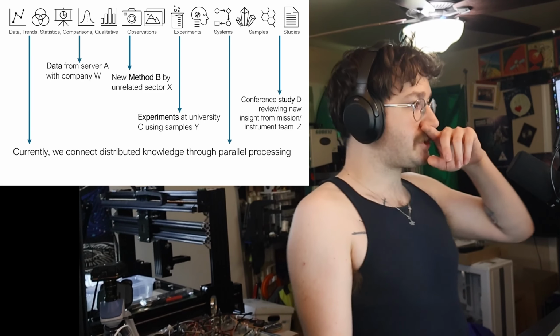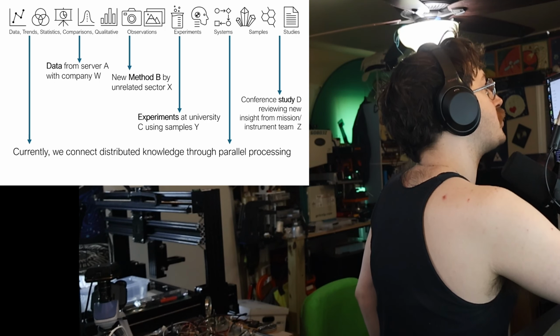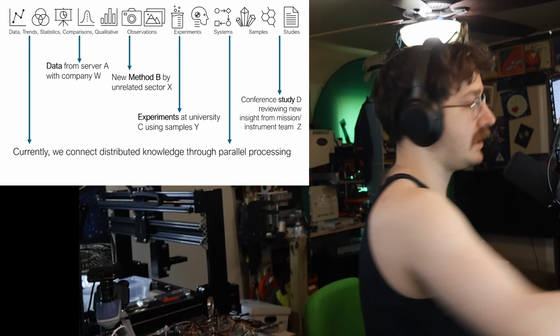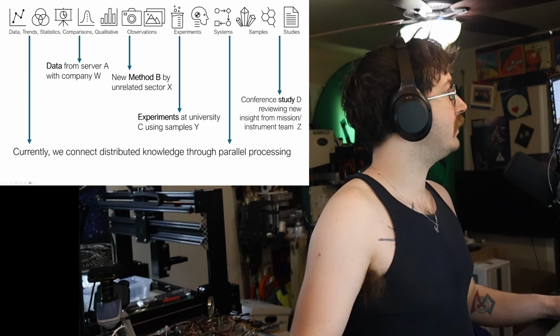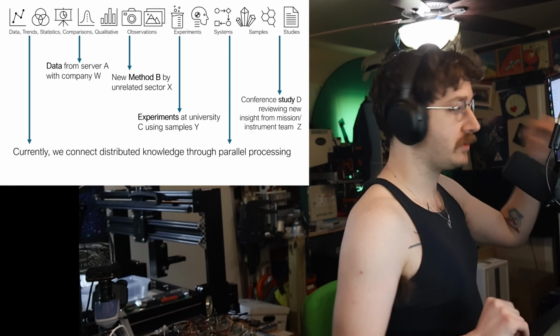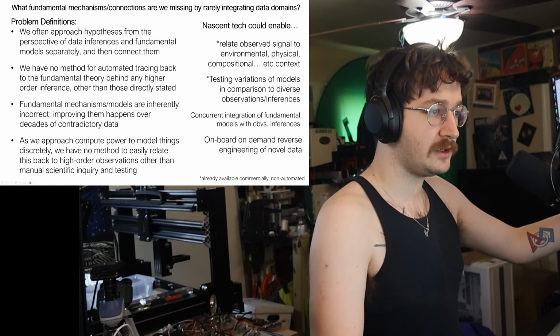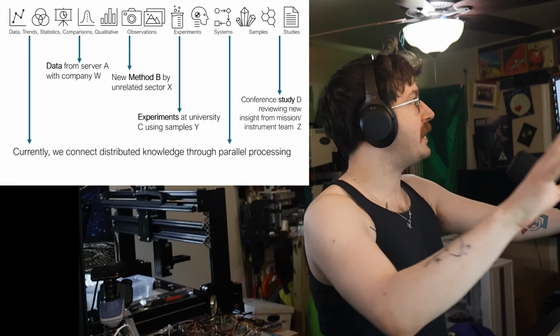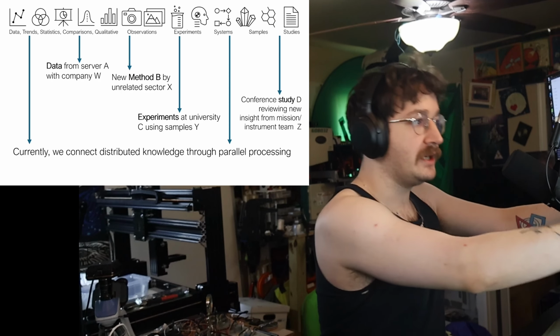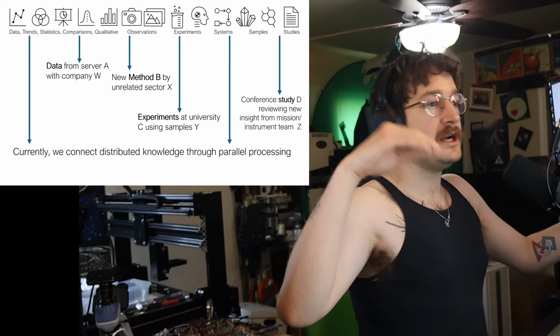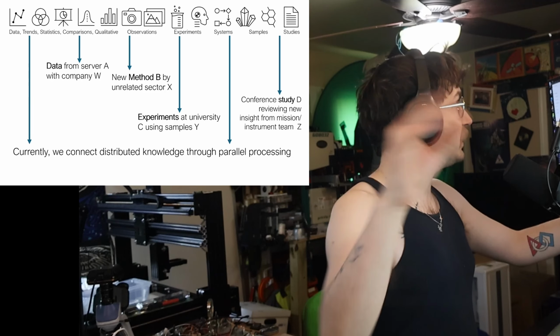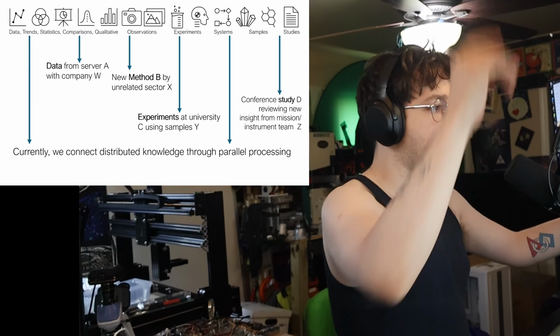Cool. Yeah, so I put this together based on those drawings. I spent about an hour and a half, 2 hours yesterday staring at it, being like, is this what I wanted? I think it does get the idea across. So we have the data, the trends, the statistics, the comparisons, the observations, the experiments, the systems, the samples, the studies, all of the inputs right at the top.